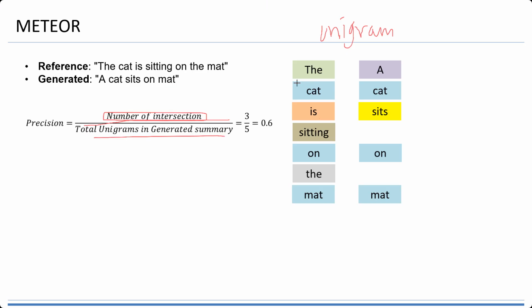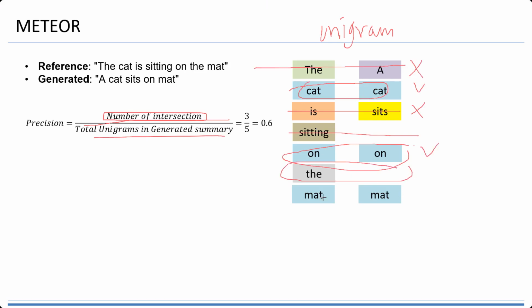Now, if you look at this one, this is not a match. This one matches. This one does not match. This one does not match. This one matches. This one does not match. And this one matches. So we have 1, 2, and 3. So there are 3 that intersect.